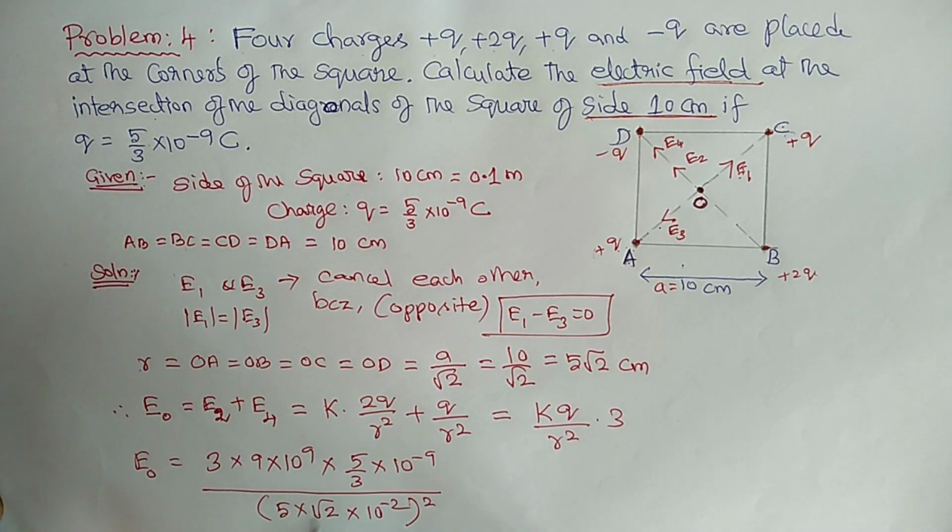If we solve this, 10 power plus 9 minus 9 gives 0, 10 power minus 4.